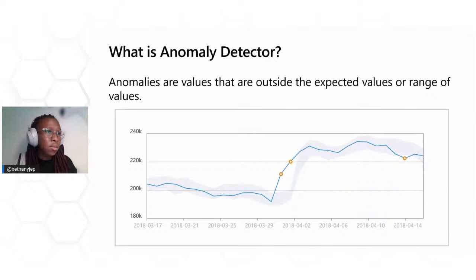The lighter shade of blue is called the sensitivity area, where you specify, okay, this is an estimate of where the values will be. So in case you're doing something like market predictions, you know the cost of sugar will go between 100 and 200 shillings. If it exceeds that amount, then you say, yes, an anomaly has happened.